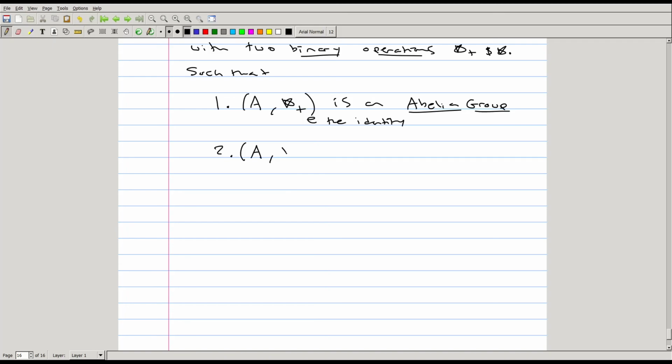So the second thing that we have to have is that A with star dot, minus the additive identity, is an abelian group as well. So we have to take out the identity.